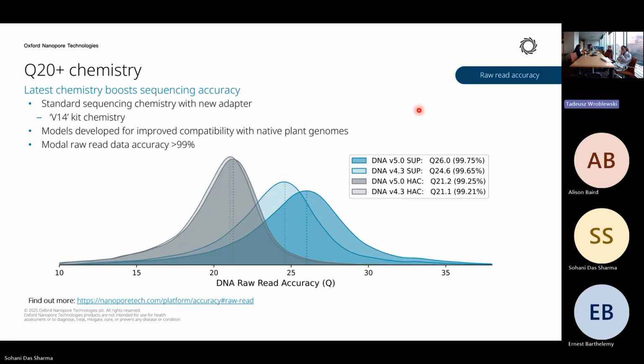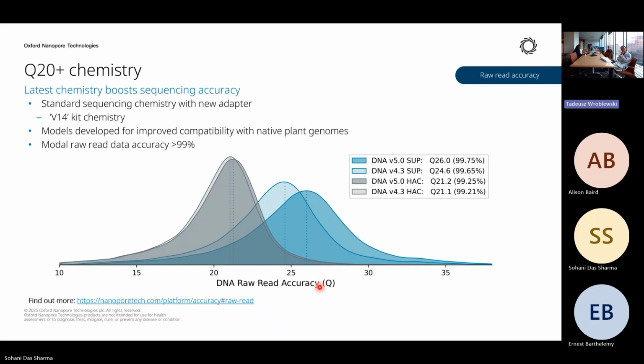One is fast mode, which is the lowest accuracy. One is HAC mode, which we did yesterday, and another is super accuracy mode, called SUP. If we use SUP, it is Q26 plus raw read accuracy, which is 99.75%.